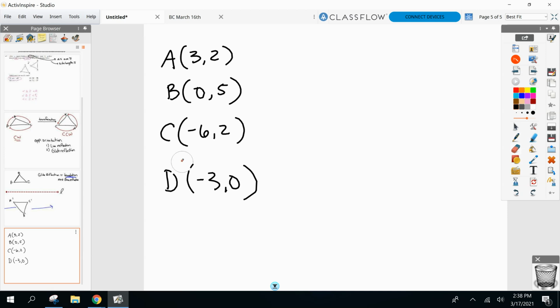All right, so here's the question I have for you guys. If I reflect all 4 points over the y-axis, which one of these points is going to remain invariant?